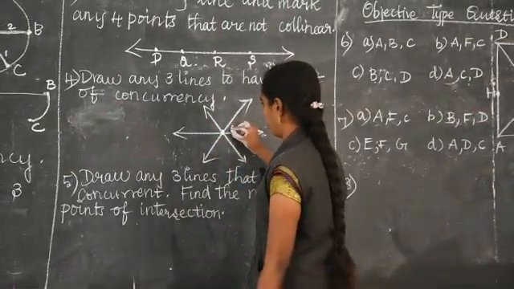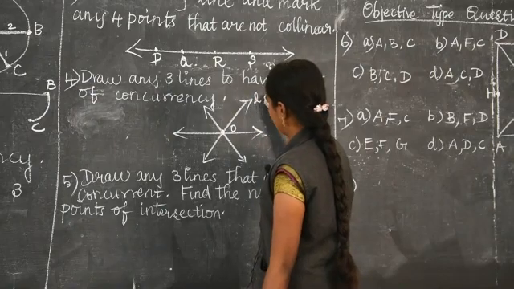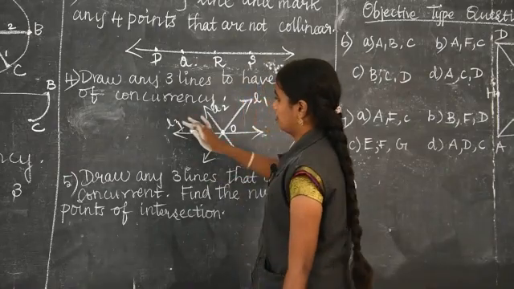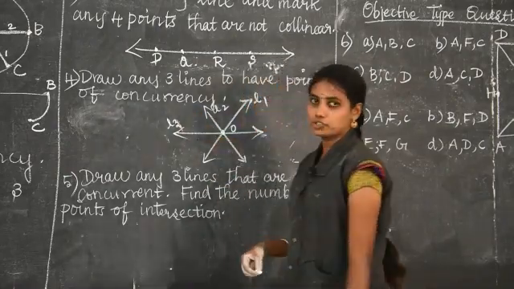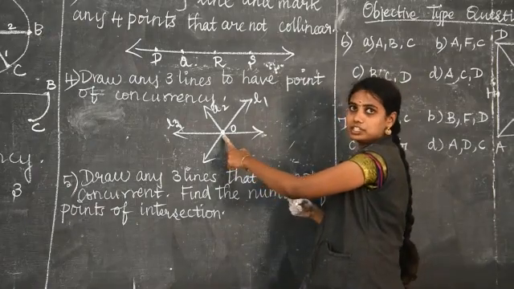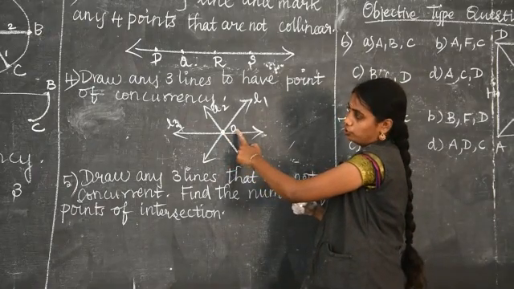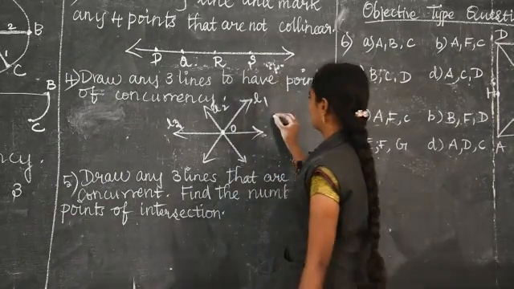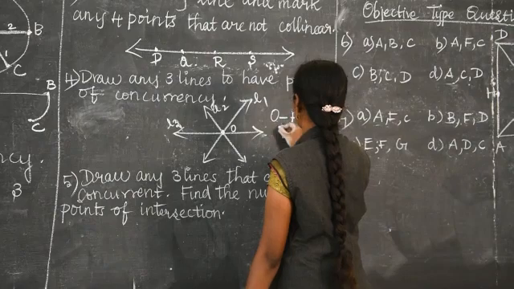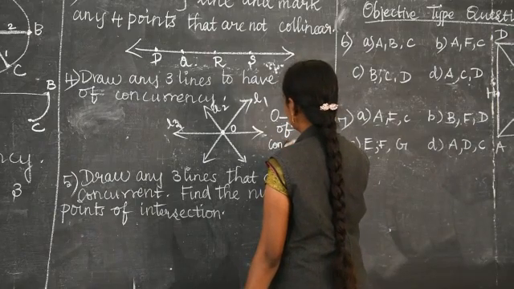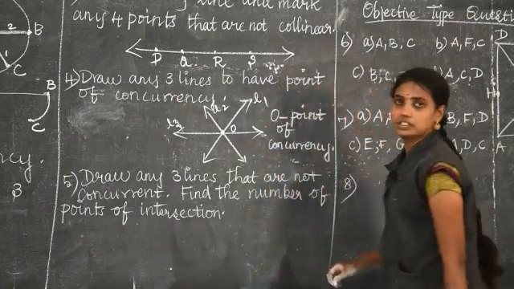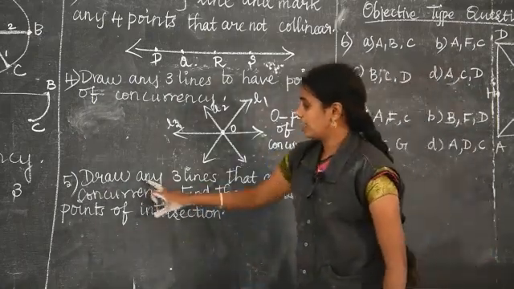So this point O, this line L1, L2, L3, just names I have given, it is not a must to give. So when you draw 3 lines, the one common point must be there. That common point is O. So the O is the point of concurrency. Clear? Very easy.